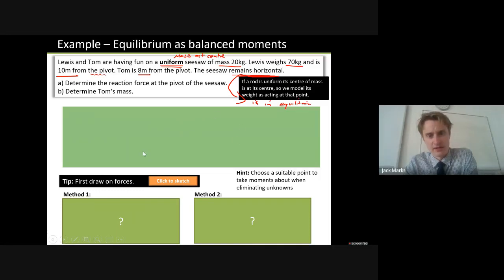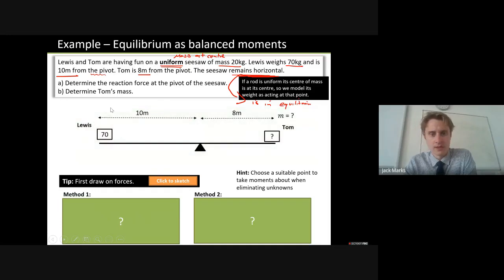Okay, so I'm going to assume that you've done that. So this is what I would expect to see. Something like this. And this is actually not finished. Sometimes a question in itself is draw a force diagram. Well, that's not a force diagram because there's no forces. We sketch the forces.